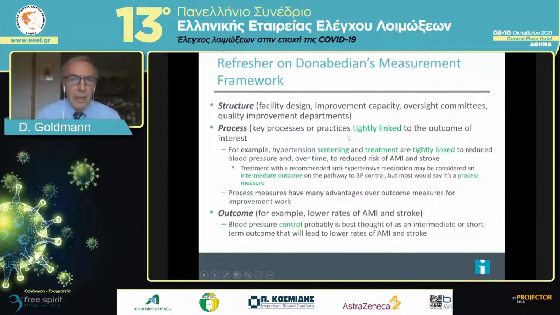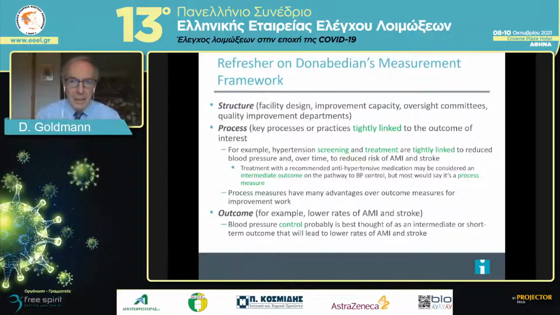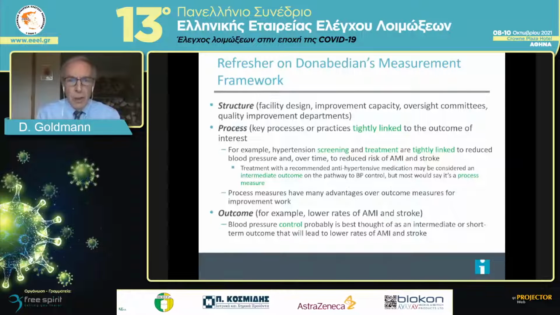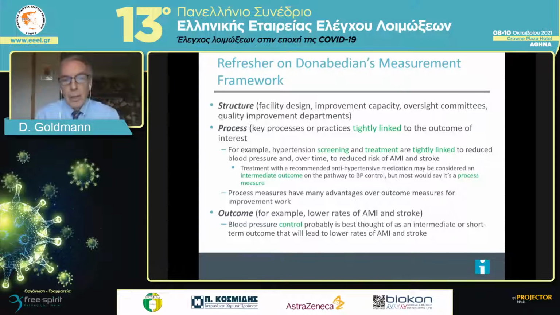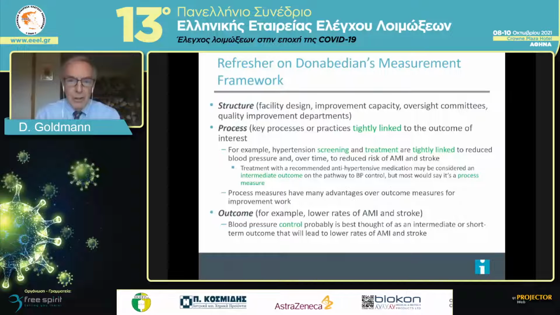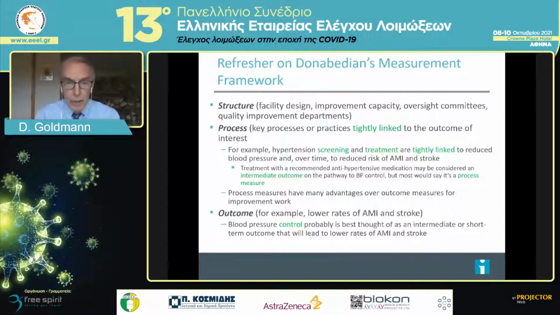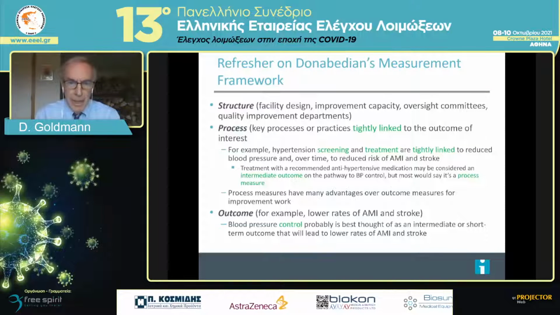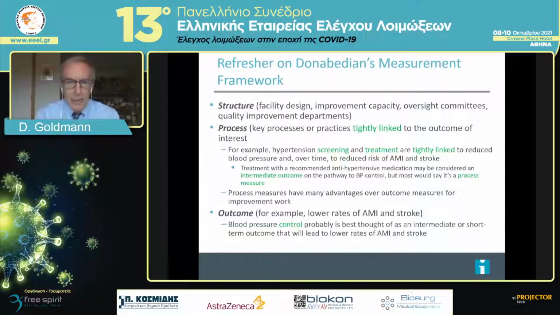Processes are the key processes or practices that you think are really, really linked to the outcome of interest. So what do I mean by this? I know that if I'm going to control hypertension in Greece, and I've actually looked up the rate of hypertension in Greece in men, and I think it's something like only 40% or something are being screened.